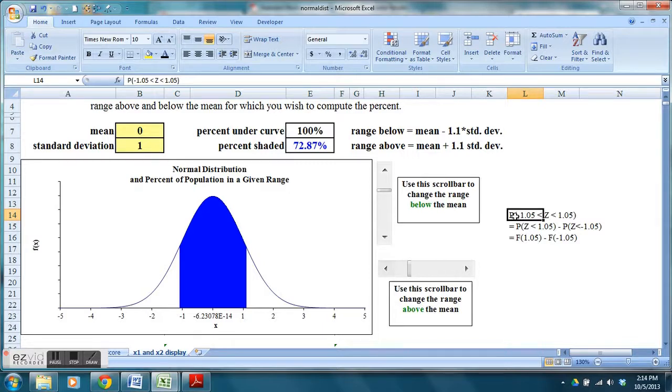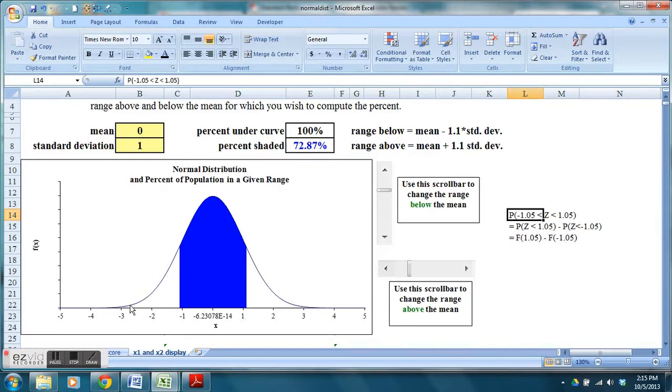What that's going to be equal to is the probability that z is less than 1.05, which would be all of this probability, everything to the left of this line right here, minus this tail, which is the probability that z is less than negative 1.05. So we look at this, and we draw it. That's the key, drawing it. That way you can figure this out.